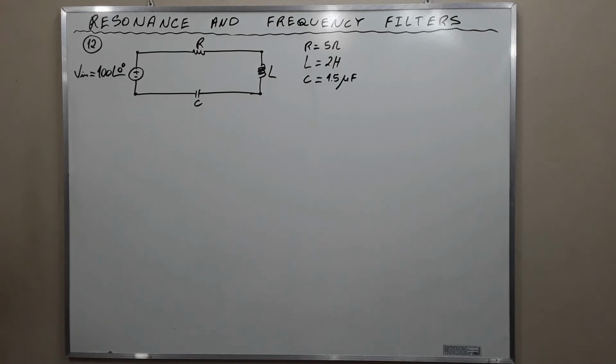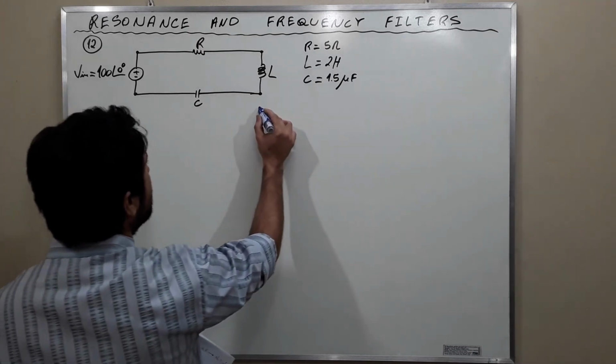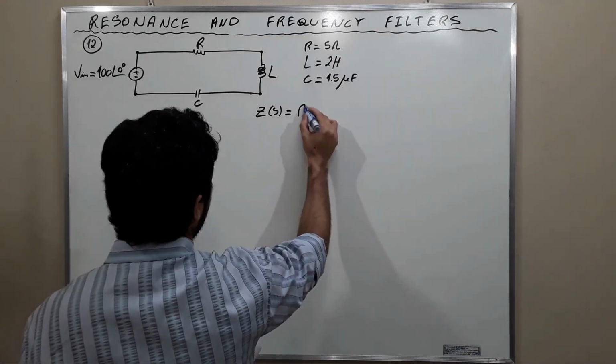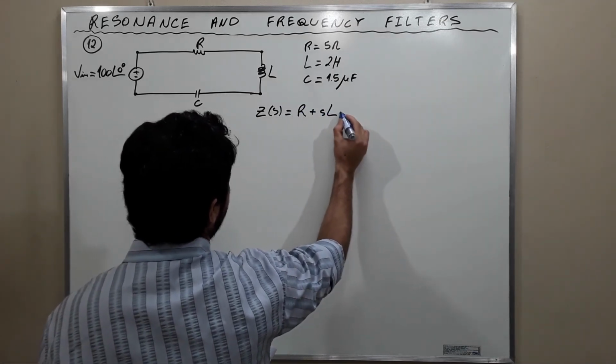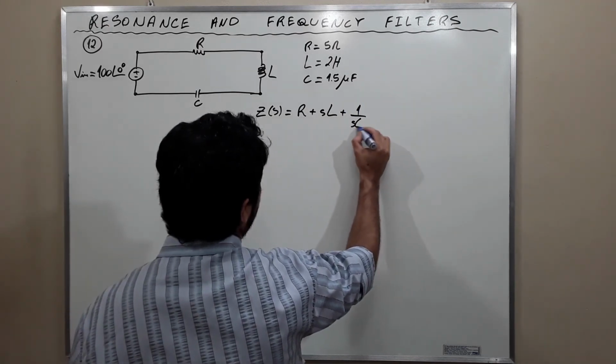For the series RLC circuit, the resonant frequency occurs when the equivalent impedance is purely resistive. What does it mean? Take a look at this. Z of S is equal to R plus SL plus 1 over SC.